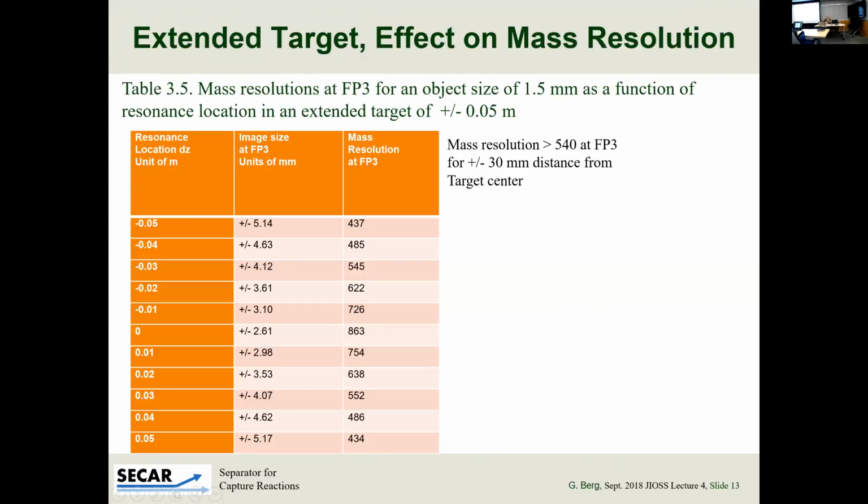So if the reaction is by accident in the center, you get 750. It deteriorates if the reaction is plus minus 5 centimeter off, but you still have a reasonable mass separation, just not as good as if it were in the center.